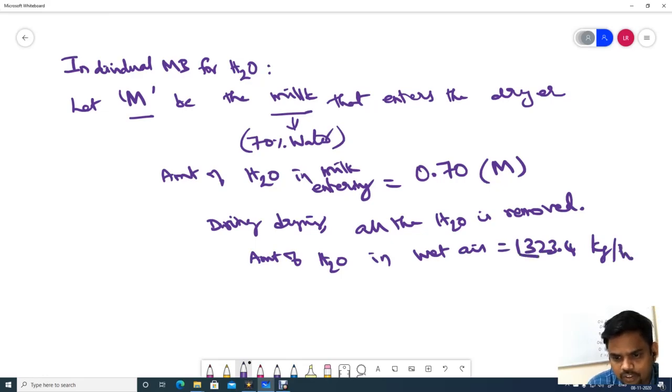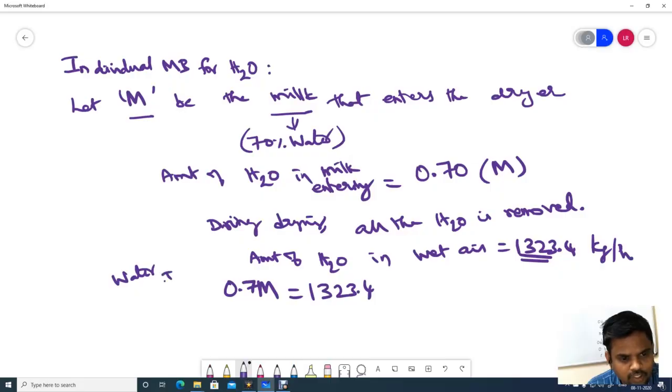So this much water leaving should be equal to the water in the feed, because in the drying operation what we get is milk powder free of moisture, that is 100% removal of moisture. So we can find the M value easily: 0.7 times M is equal to 1323.4.